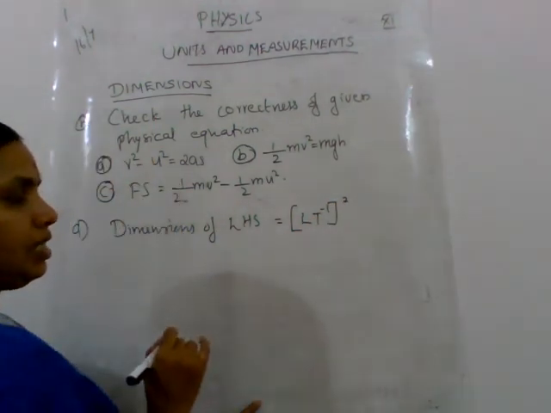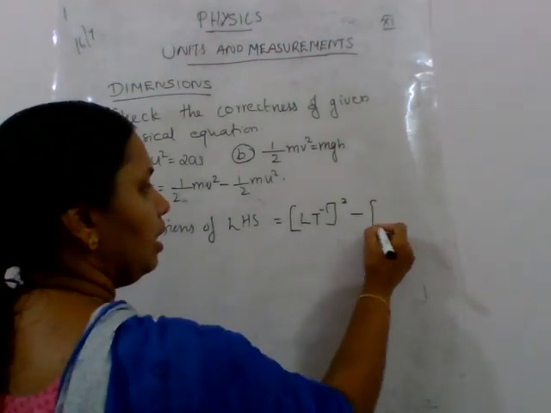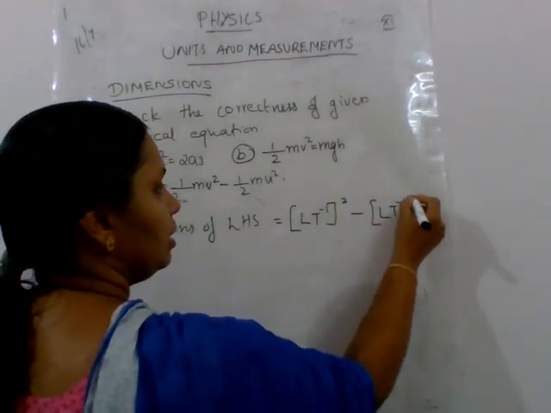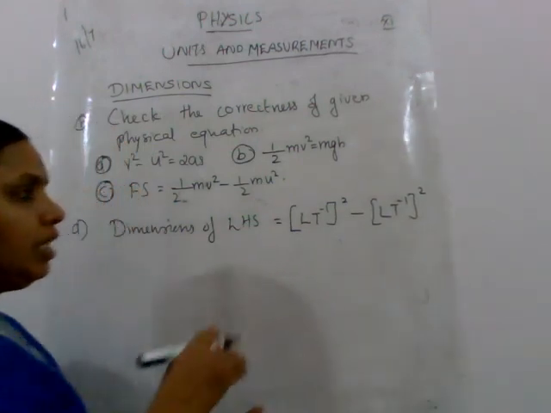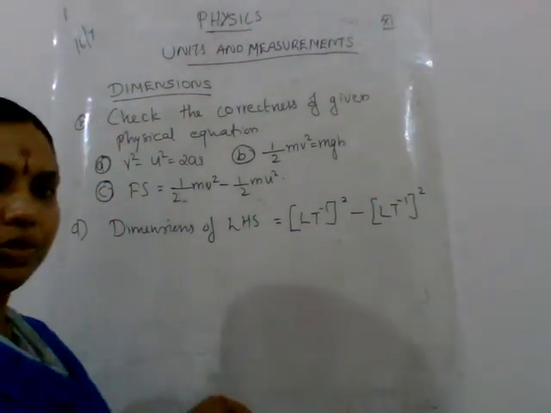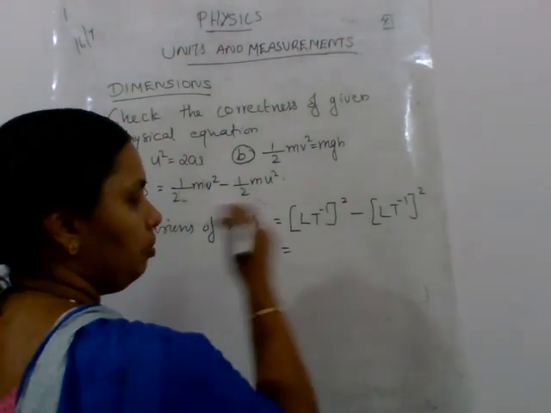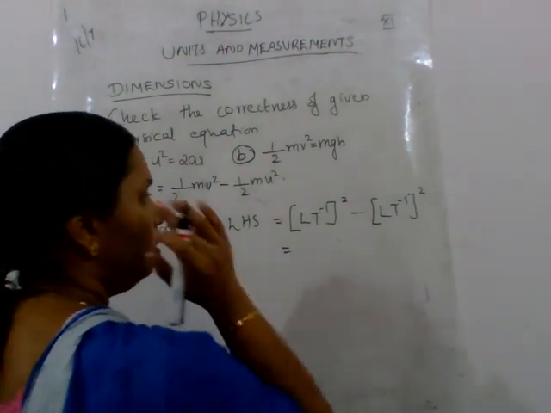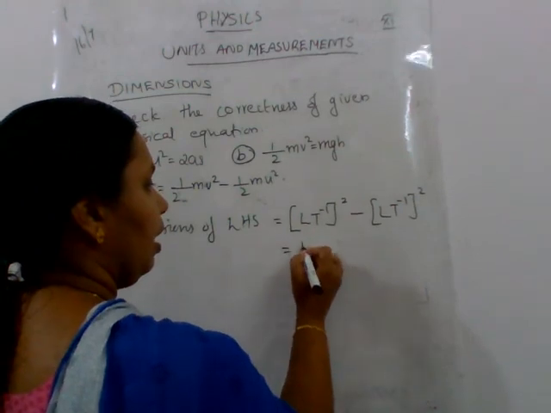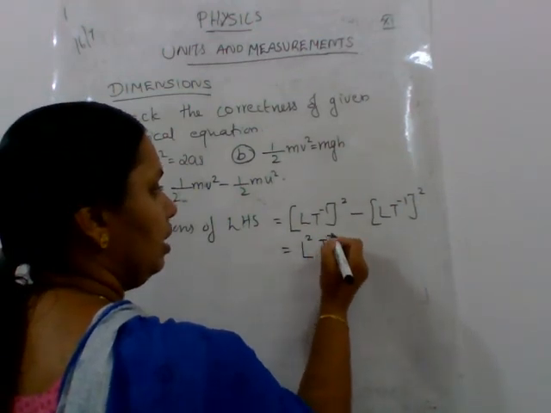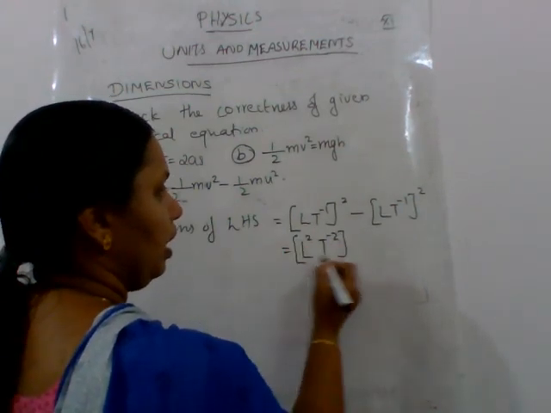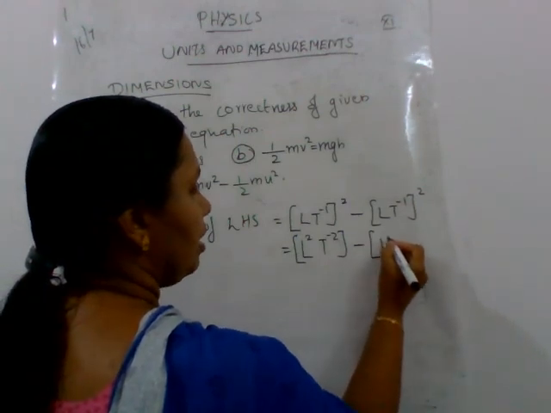So v square is that, minus L T minus 1 whole square. Whether it is the initial velocity or final velocity, the dimension is not changing. So we can remove the bracket here. So it is L square T minus 2, minus L square T minus 2.